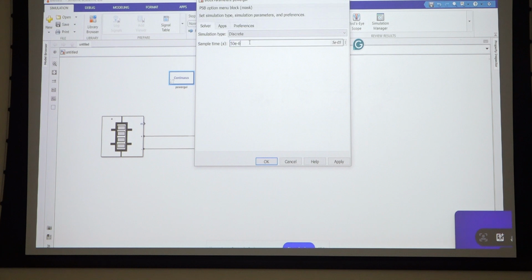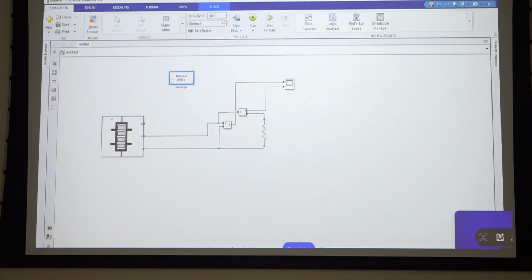For example, if we are taking a 50 millisecond time step, and the total simulation time is 10 seconds, how many iterations will it have? It is this much divided by this value, a specific number of iterations to cover this time. It actually solves this model for a specific number of iterations, not continuously.